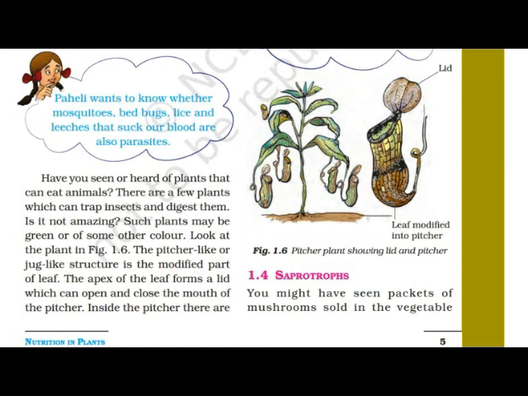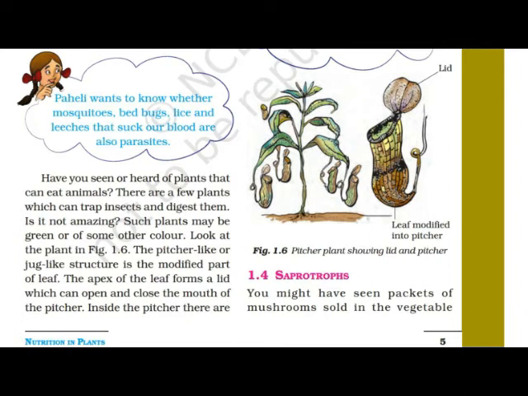Here you can understand the pitcher plant has a special design, a special structure where the lid plays an important role. Also, the hairs inside play a very important role.